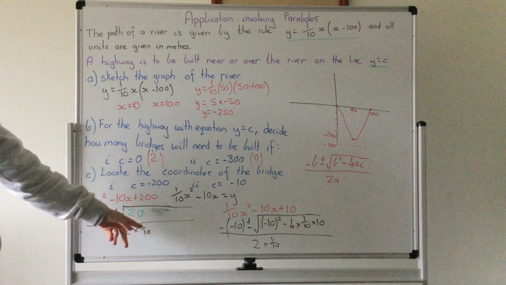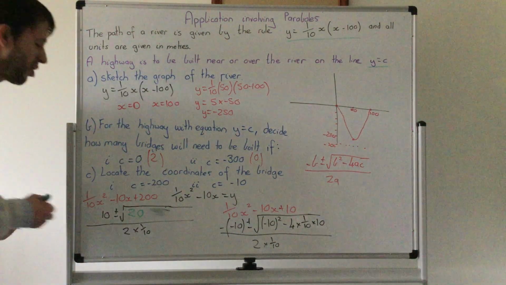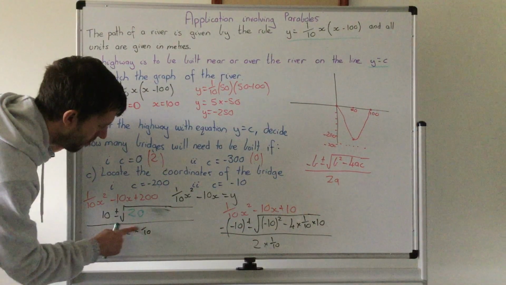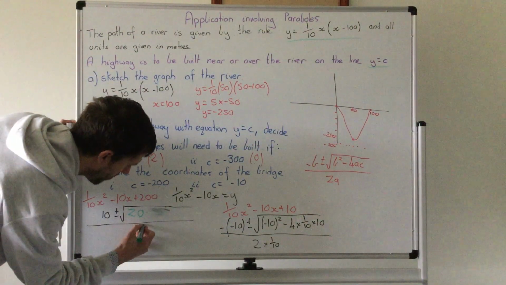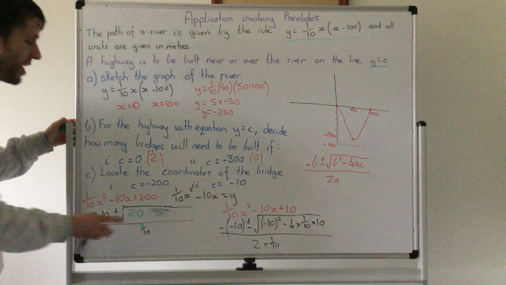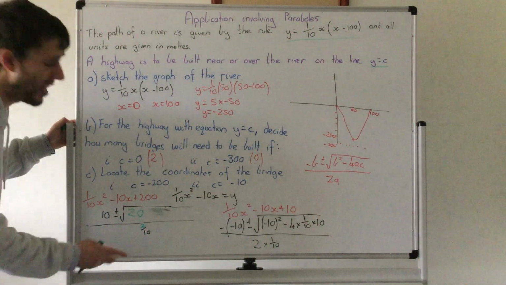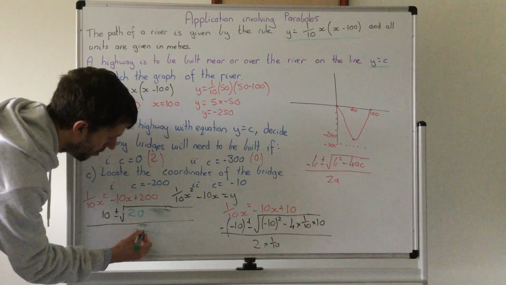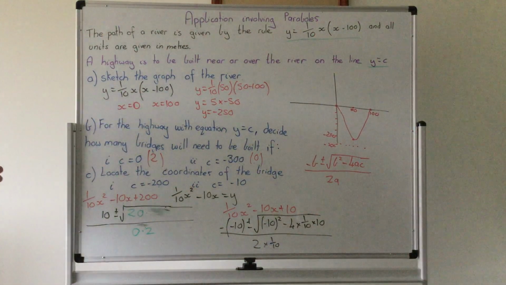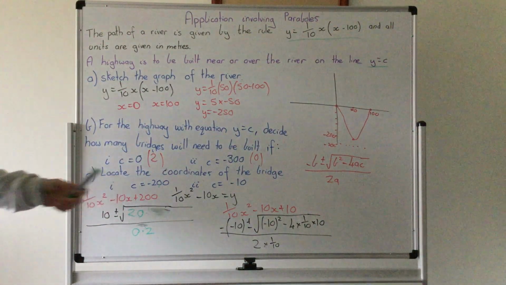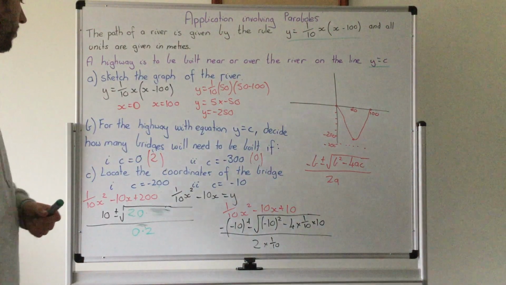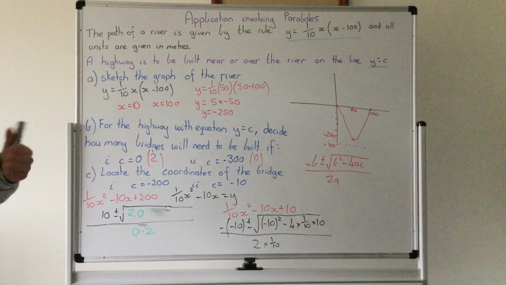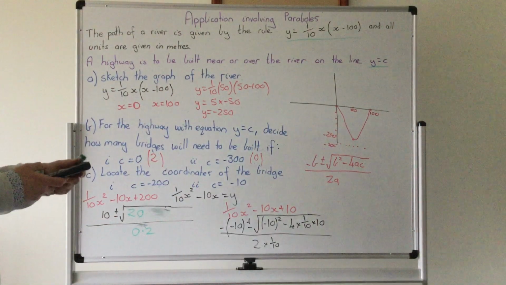I can go, well, 2 times 1/10 is just 2/10. If I really want to make it easy, 2/10 is the same as saying 0.2. The square root of 20. Now, I'm going to be using decimals here.